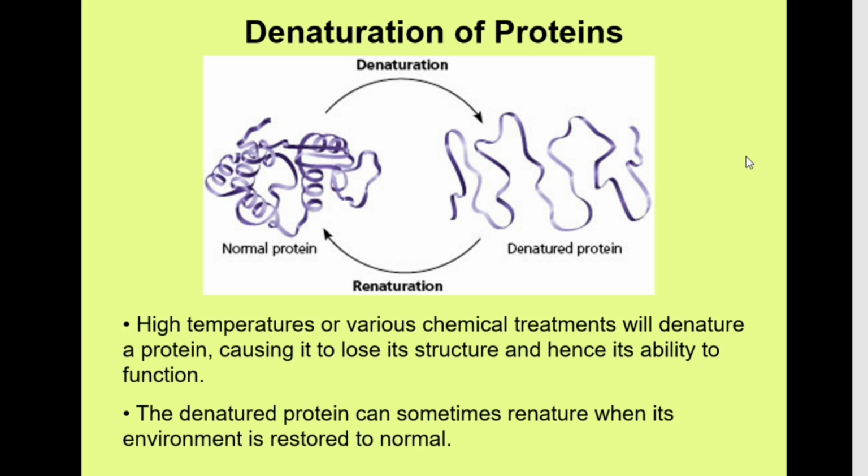And that brings us on to something called denaturing or denaturation of proteins. So because these proteins are so complex in terms of their structure, and they are held together by such a variety of different bonds and interactions, it means that they are quite susceptible to damage. It means that they're quite fragile molecules.